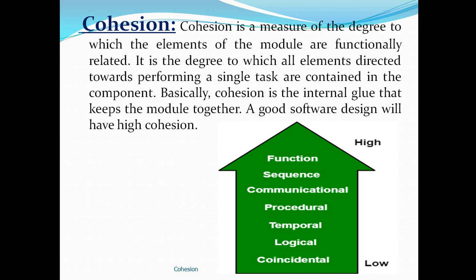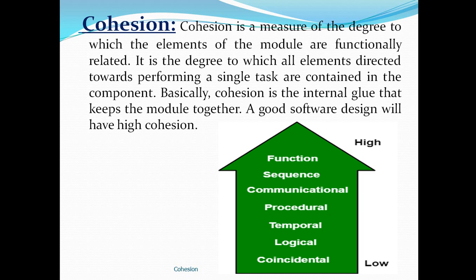In a module, the statements are to be related to each other. It is the degree to which the elements are directed towards performing a single task, and combining all the statements, they perform a single task in the component. Basically, cohesion is an internal glue, an internal binding that keeps the module together.